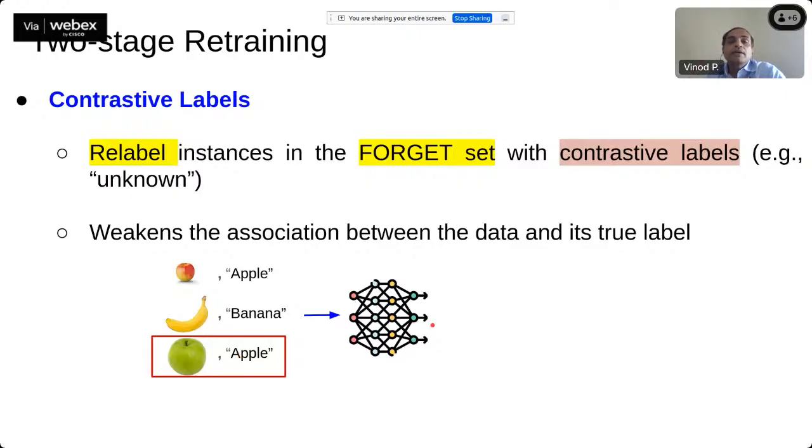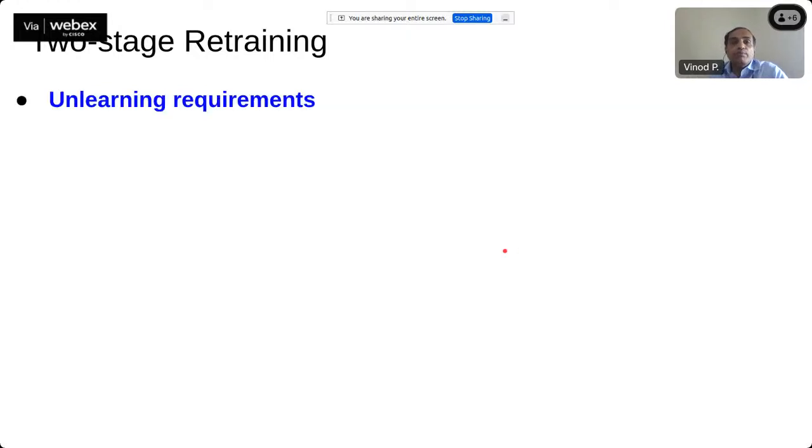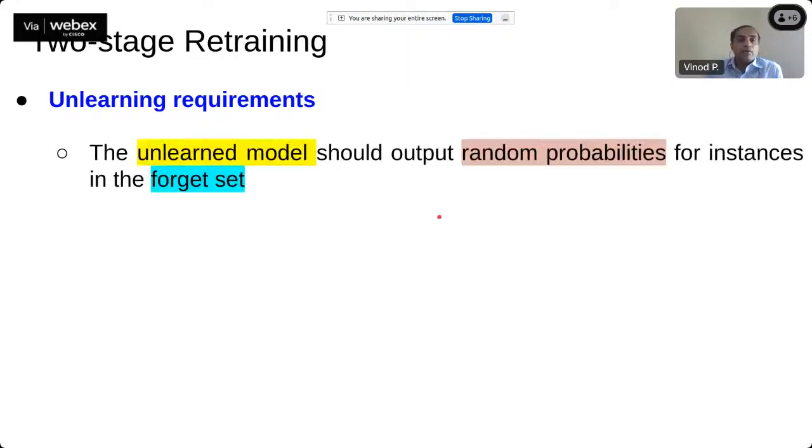That is called a contrastive label. Let us try to understand how contrastive labels can be created and what problems are associated with them. Before that, let us discuss the unlearning requirement.